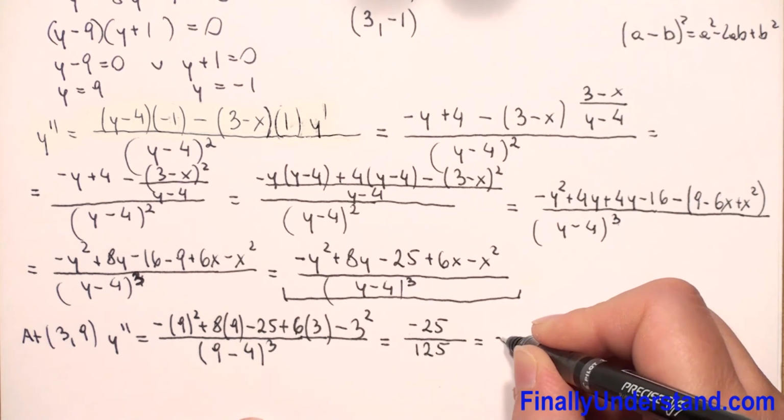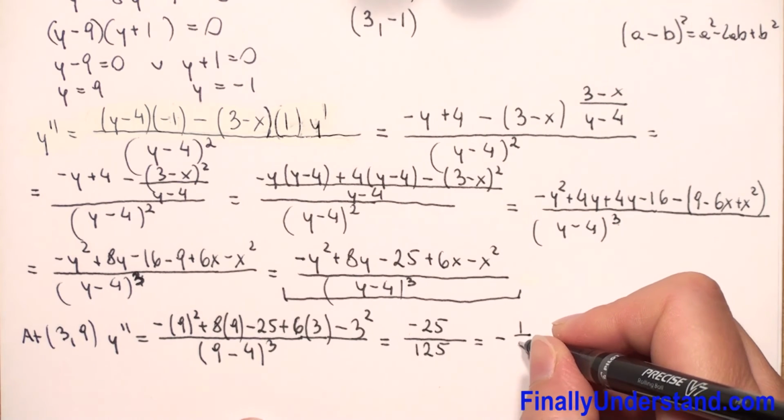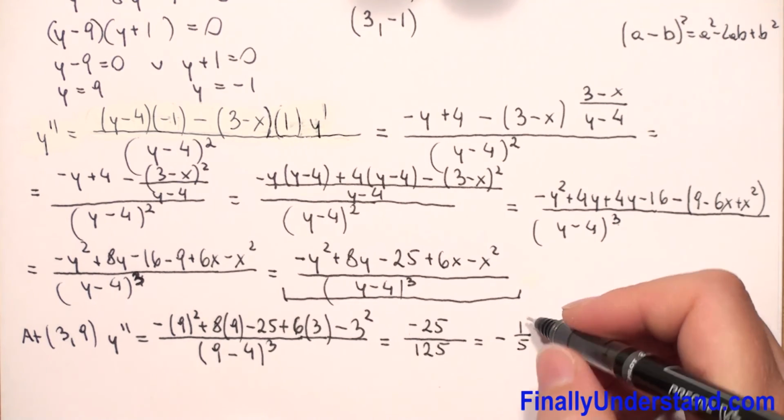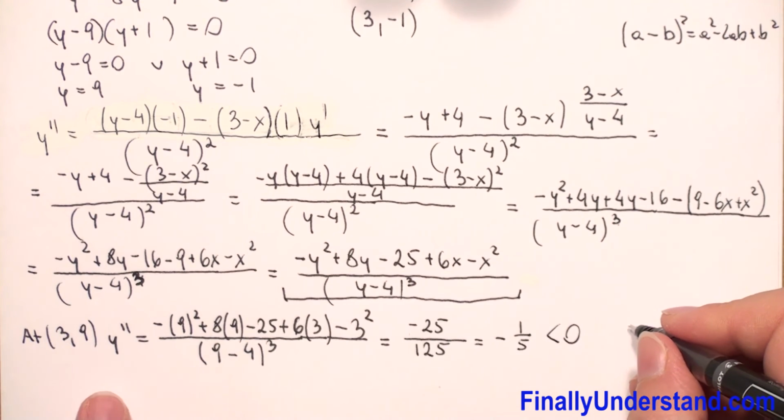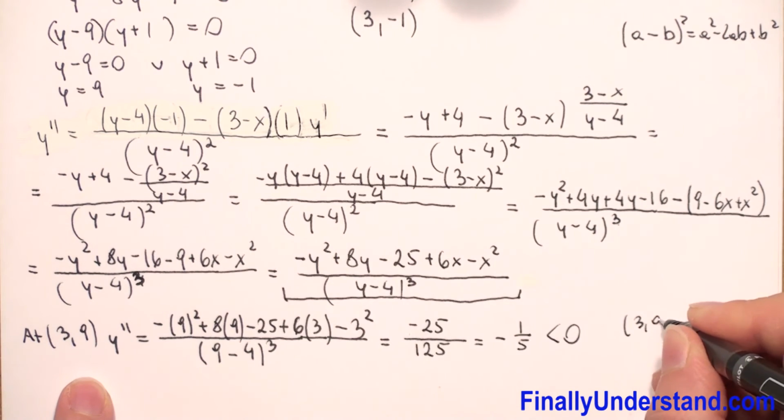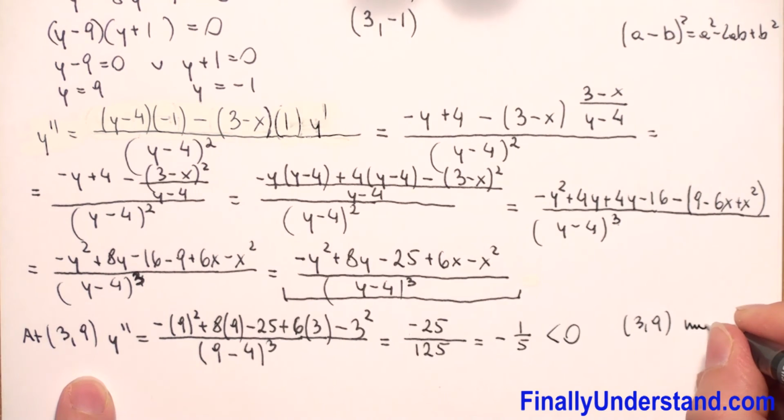So this is equal to -1/5. We got a negative number, so it means at point (3, 9) we have a maximum.